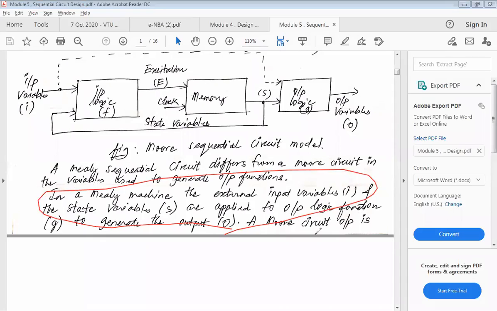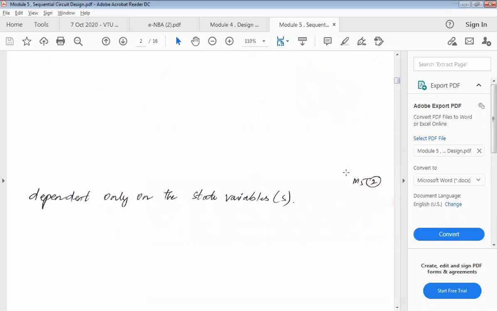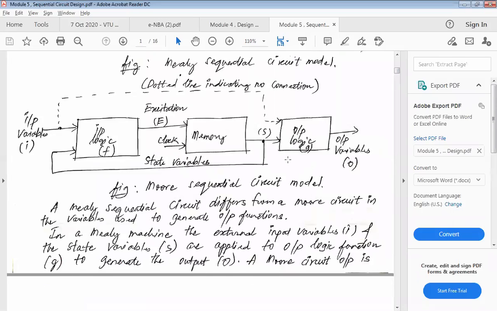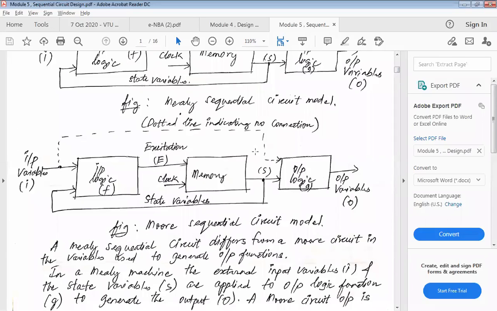And a Moore machine, that you can see here, the output of a Moore circuit means there is no connection between the input and the output logic. It is dependent only on state variables. So the output is only dependent on state variables.